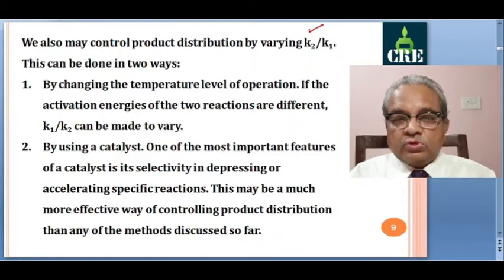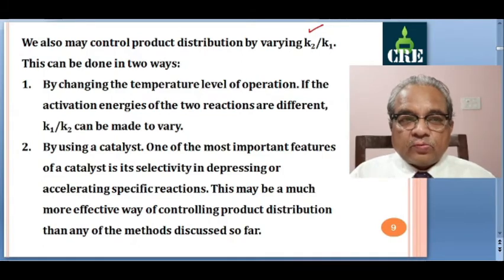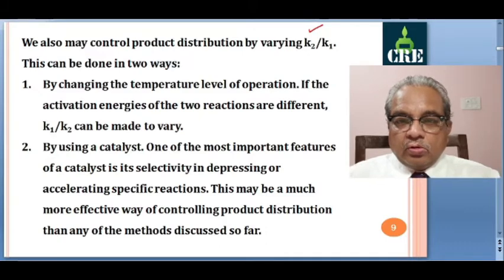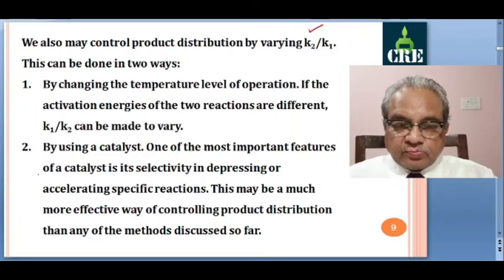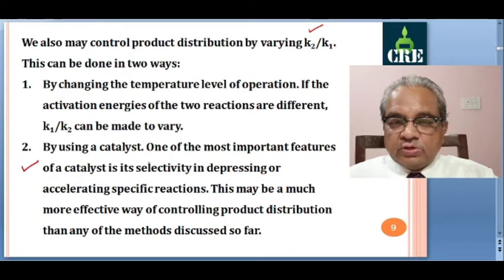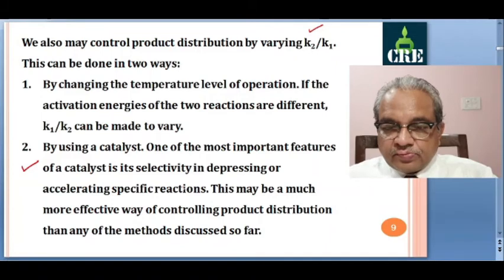One of the most important features of a catalyst is its selectivity in depressing or accelerating specific reactions. We'll define this term selectivity very soon. So either it will favor a certain reaction or it will kill a certain reaction.